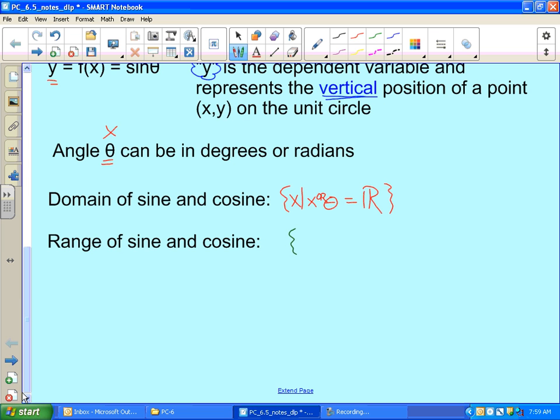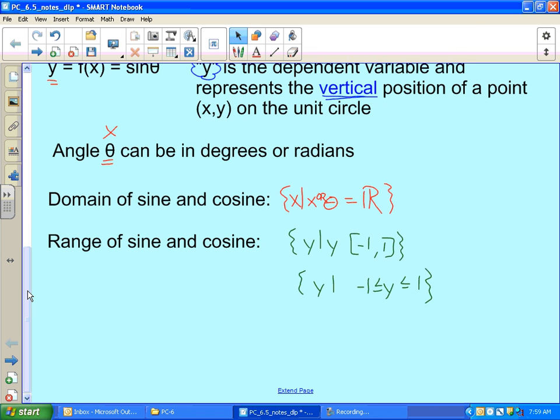So we'll say that our range, y is, I'll use some interval notation there, or you could write it as y such that y is less than or equal to 1, but greater than or equal to negative 1. And that's the range of our functions, sine and cosine.